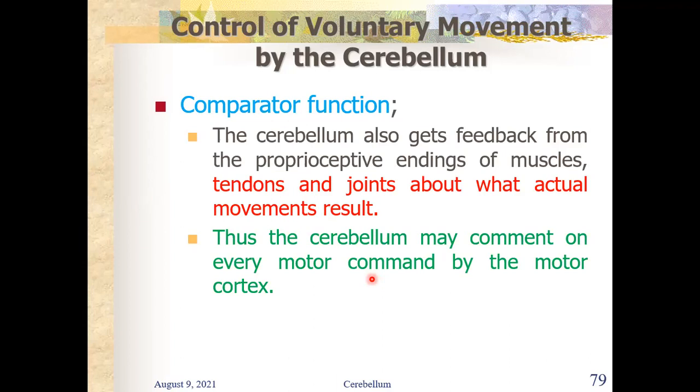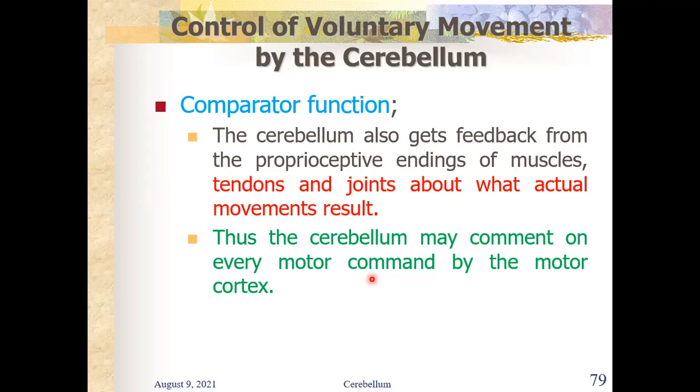At the same time, the cerebellum will also receive feedback from the proprioceptive endings of muscles, tendons, and joints about the actual movement that is being carried out. So as it is comparing the feedback from the muscles, tendons, and joints, it's also receiving a plan of the movement from the motor cortex.